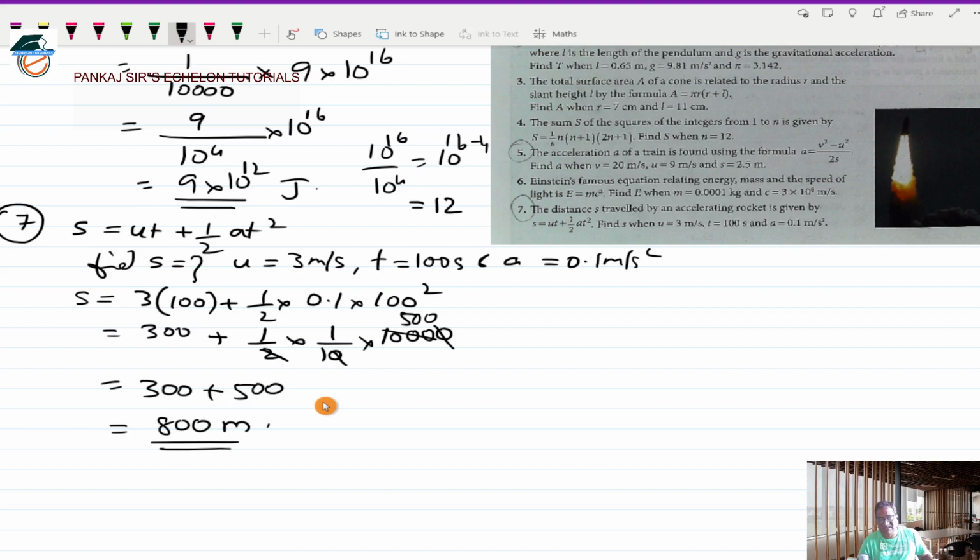Otherwise, if the units are not from the same system, you have to bring them into the same system and then do the calculations. So I have taken care of the physics part also while explaining these questions, but in the book behind, the answers are given only in the form of numerical, the magnitude only. The units are not mentioned. So take care of all this.